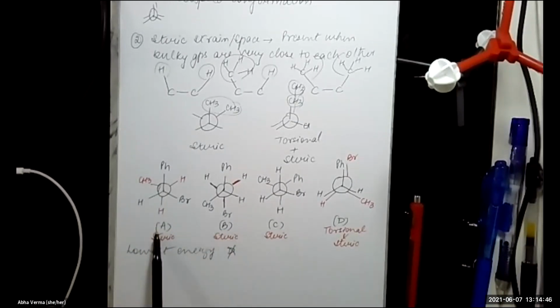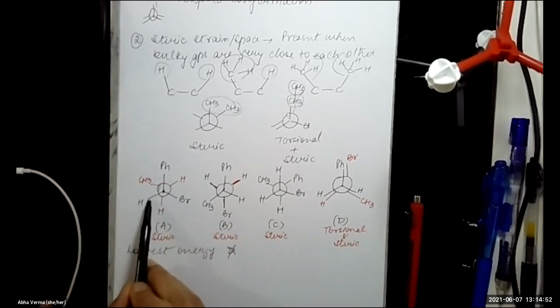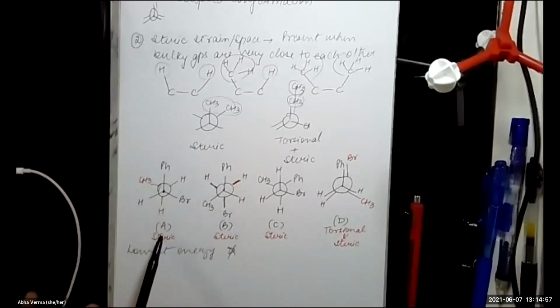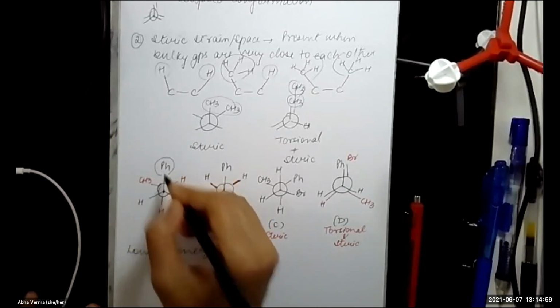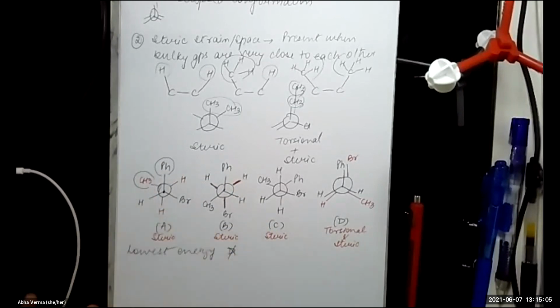Then we look at all of our other constitutional isomers. Now, on the first carbon, which is the bulkiest group? On this structure, the bulkiest group is this phenyl ring. At the back carbon, which is the bulkiest group, this right here.